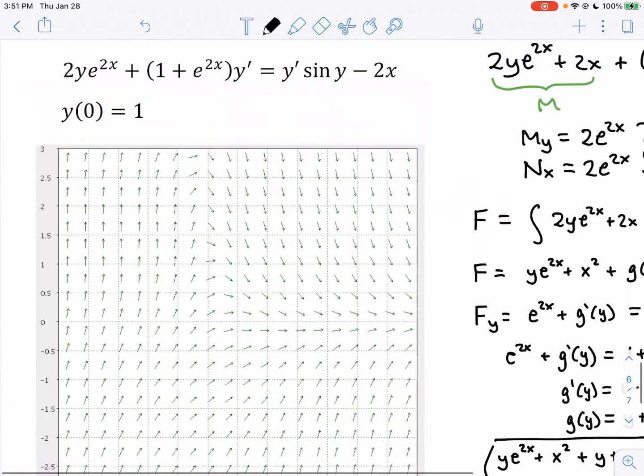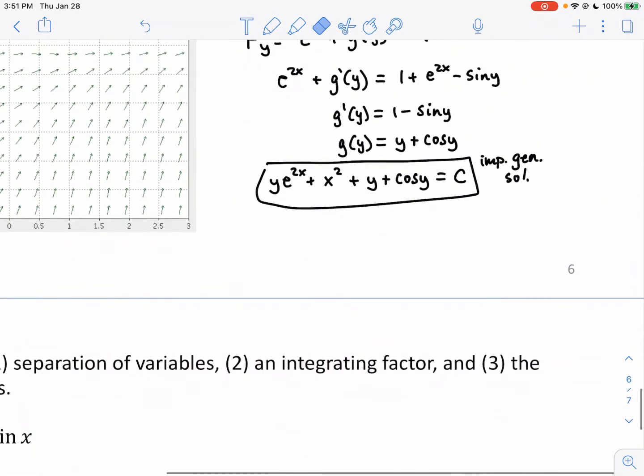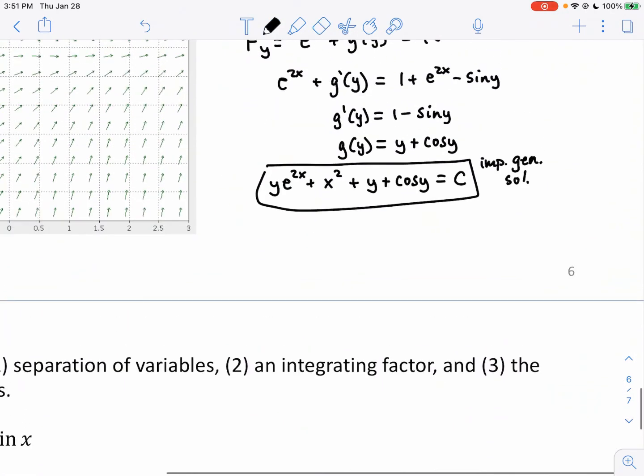So we plug in, let's see, this is the y coordinate, 0 is the x coordinate. So we'll plug in 0s for x and 1s for y. So we got 1 e to the 0, 0 for x, that's gone, 1 for y, and 1 for y, cosine of 1. That'd be 1 radian, by the way, not 1 degree. This is equal to c. And we get a 1 plus a 1, so we get 2 plus cosine 1 is c.